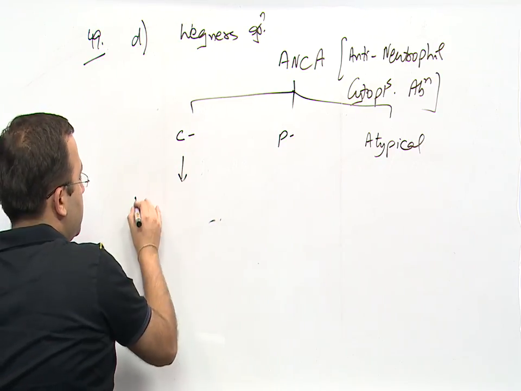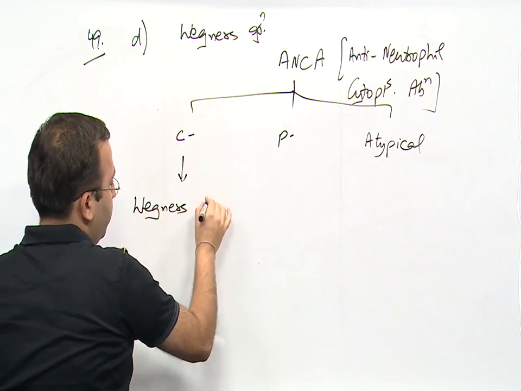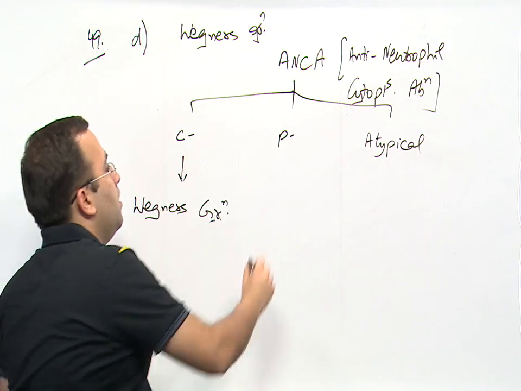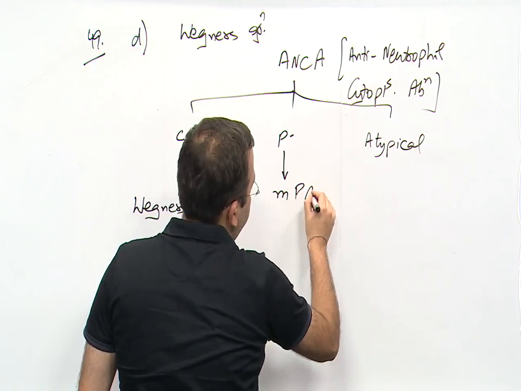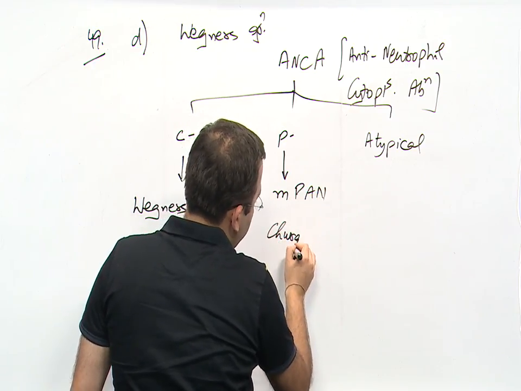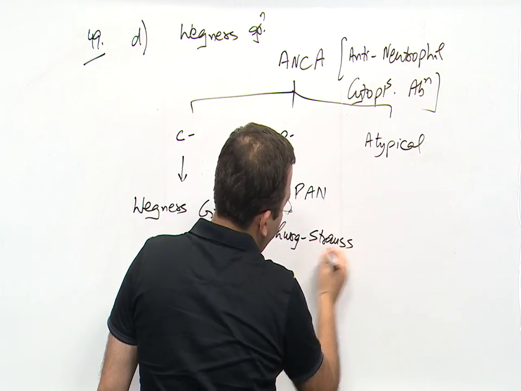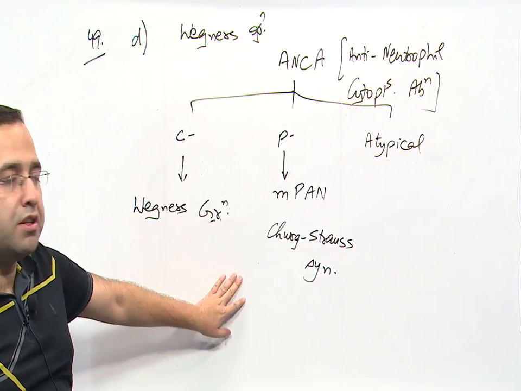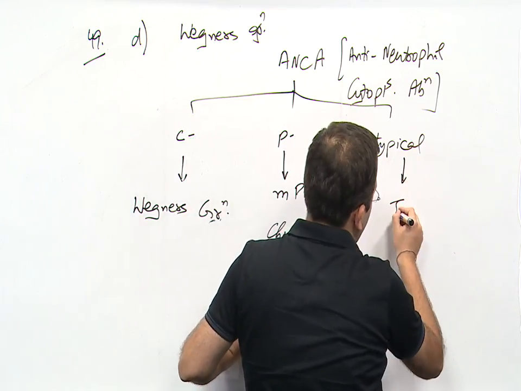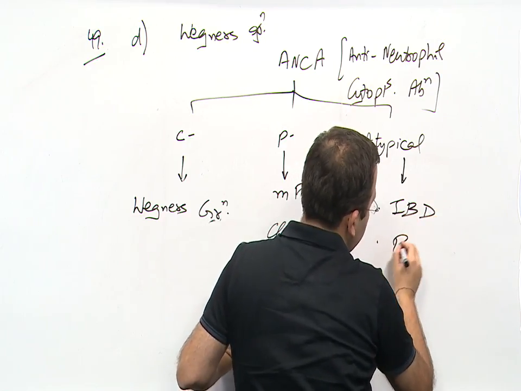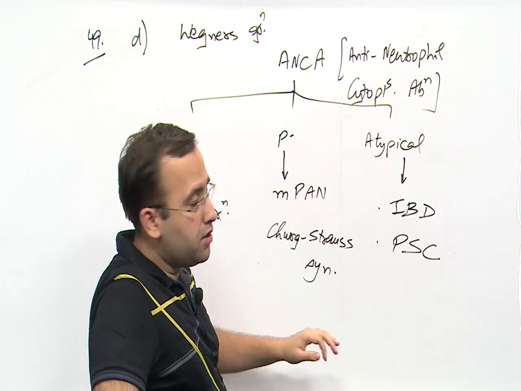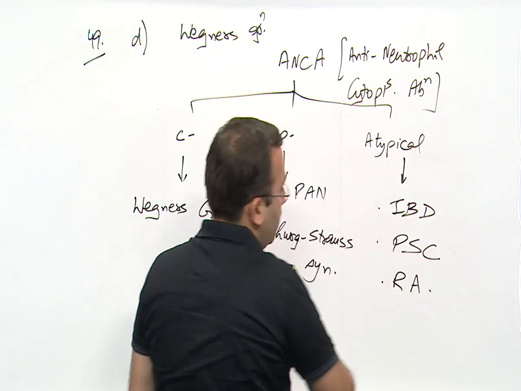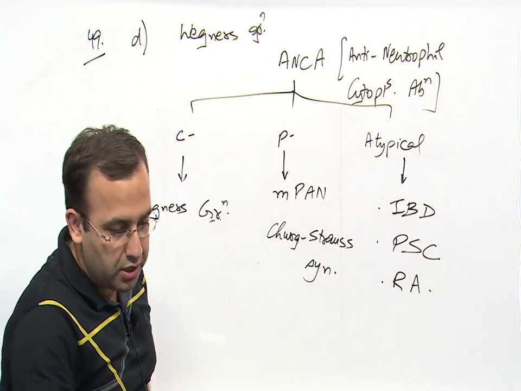The disease associated with C ANCA is Wegener's granulomatosis. P ANCA, microscopic PAN and Churg-Strauss syndrome, and atypical ANCA, that is inflammatory bowel disease, PSC, that is primary sclerosing cholangitis, and RA, that is rheumatoid arthritis.